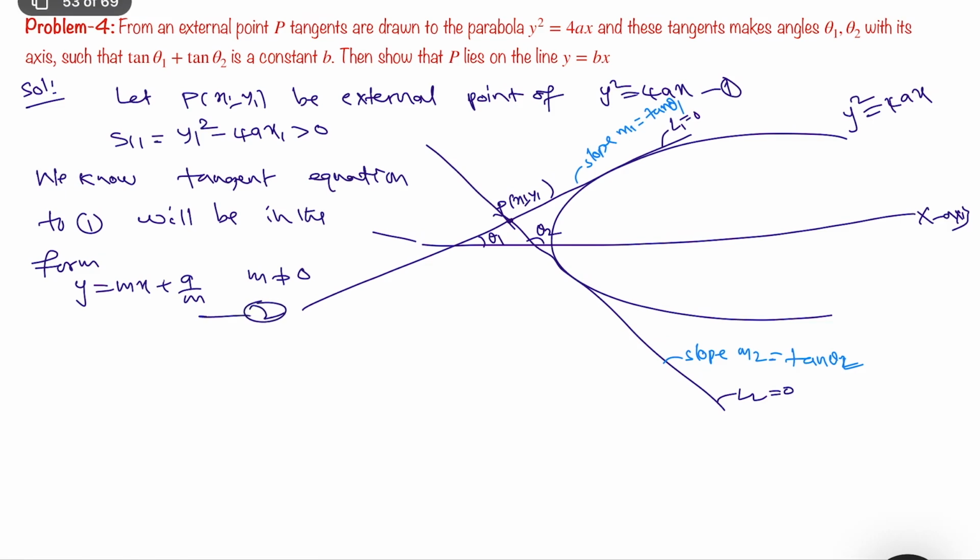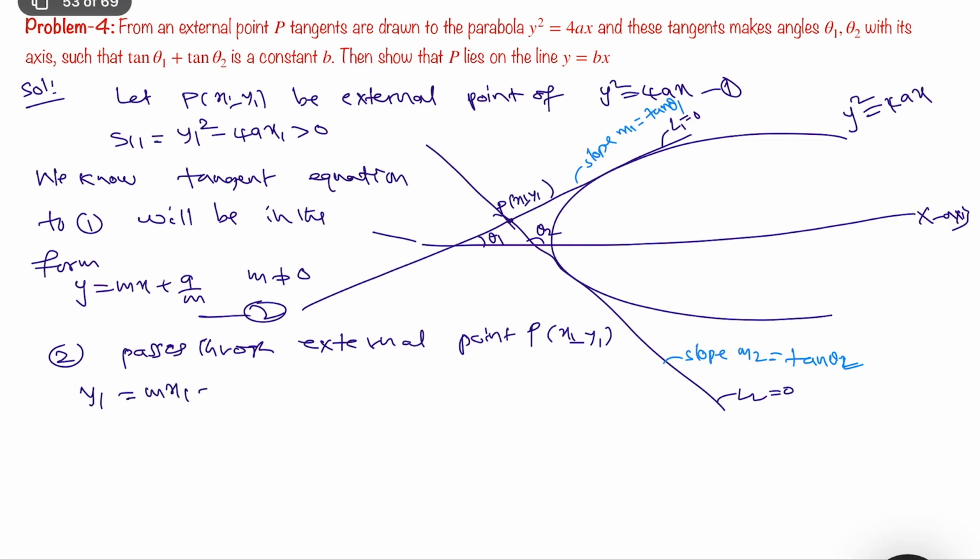So here this 2 passes through the external point P(x1, y1). That means we should have y1 equal to mx1 plus a by m. That should give you x1 m square minus y1 m plus a equal to 0.